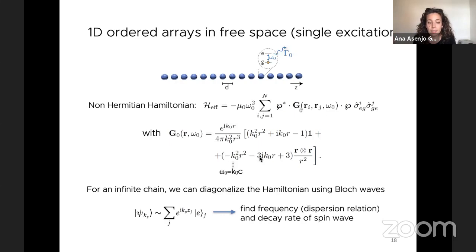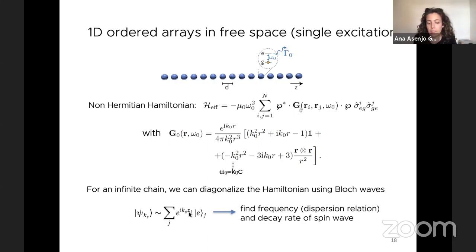This means that trivially, for an infinite chain, I can diagonalize this Hamiltonian in the single excitation manifold using Bloch waves. It's very easy. Now we're going to have these states, these spin waves, that have an associated wave vector in the z direction, along the direction of the chain.